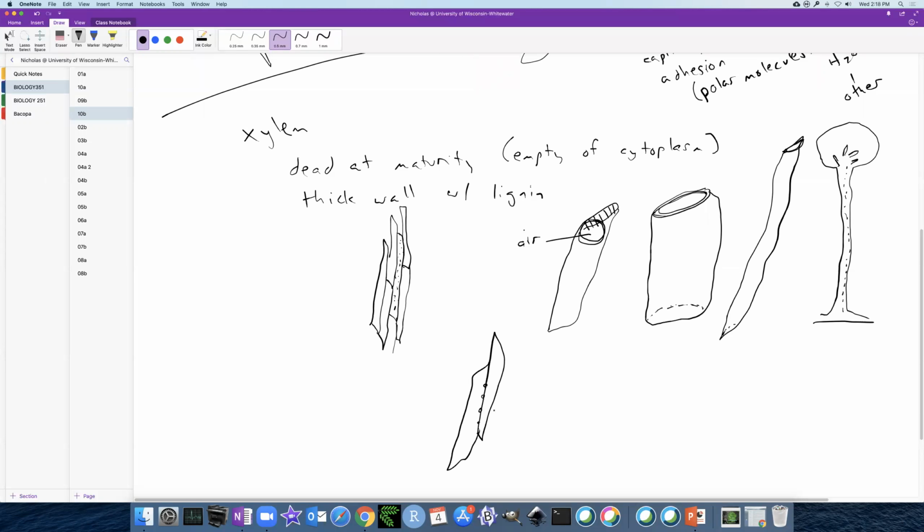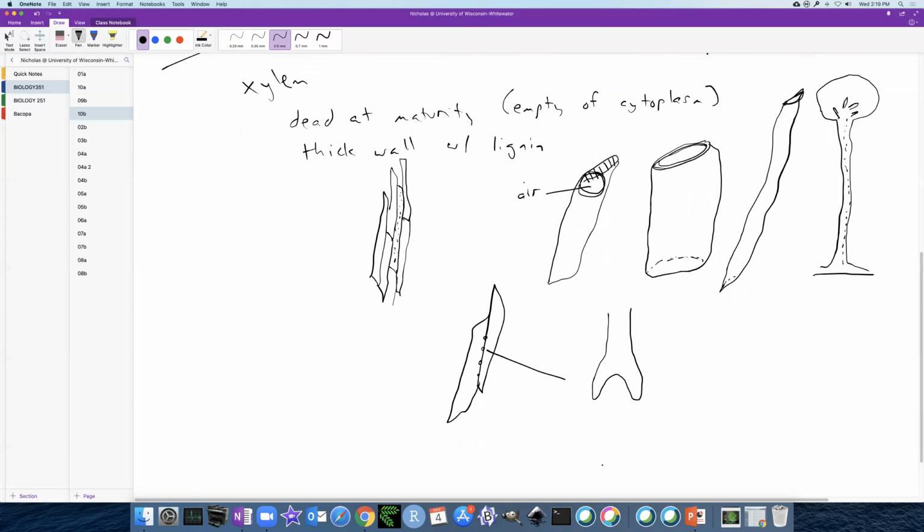They might need to trade water in between them, but they need a system where if one of them is compromised, it doesn't affect the whole water stream. So if you look at one of those pits, sometimes they're what we call bordered pits, where they're modified with this kind of barrier arrangement in the cell wall. So thick cell wall, two adjacent cells.